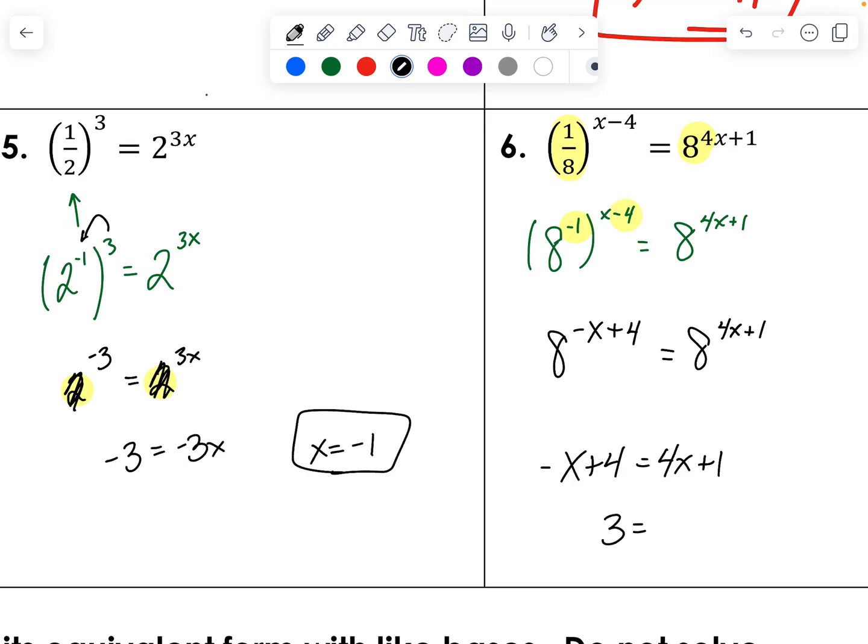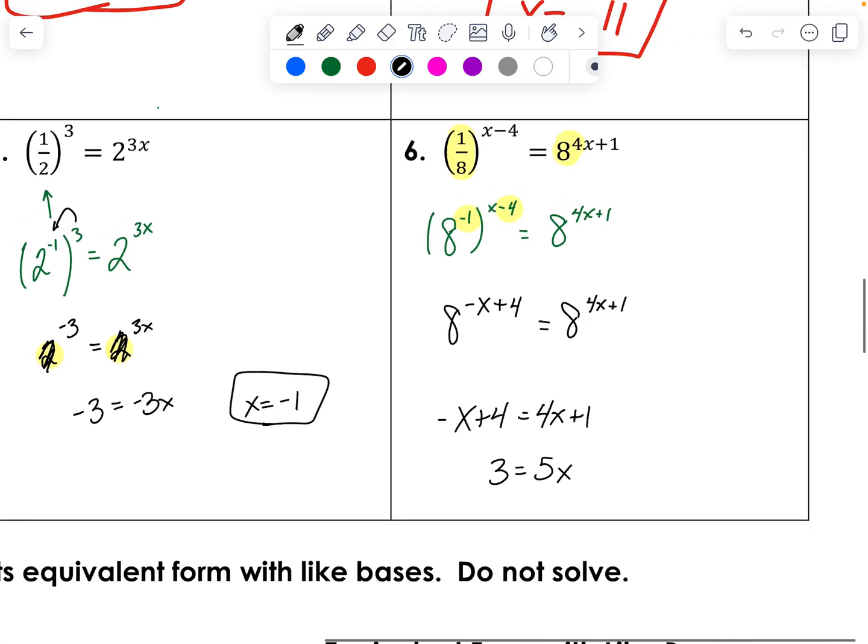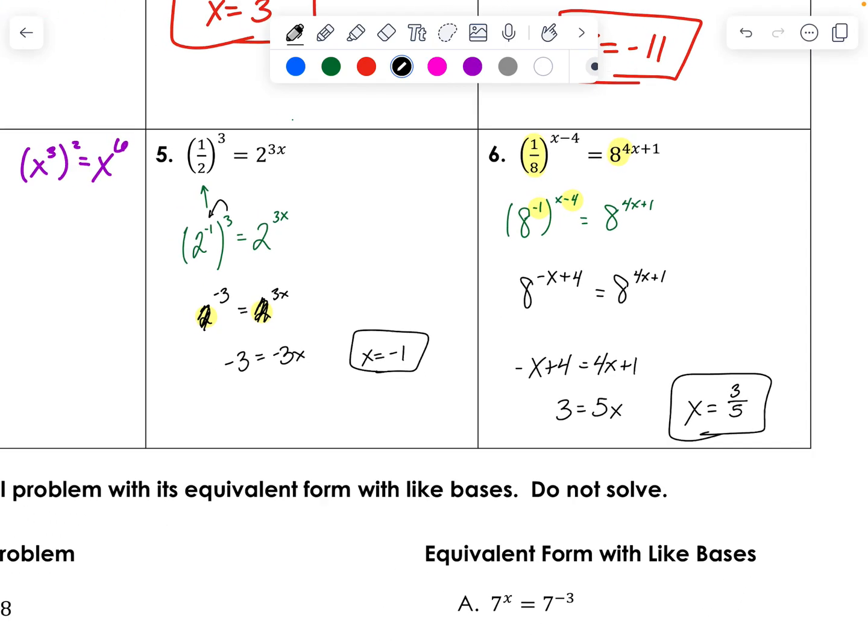So I get negative x plus 4 equals 4x plus 1. And if I solve, I get 3 equals 5x, or x equals 3/5.